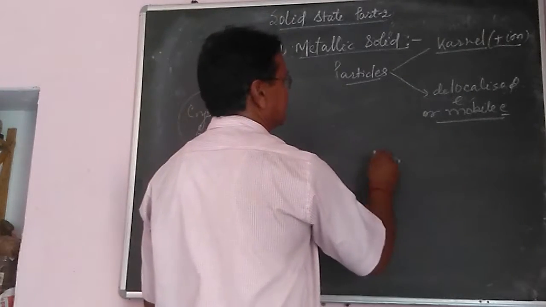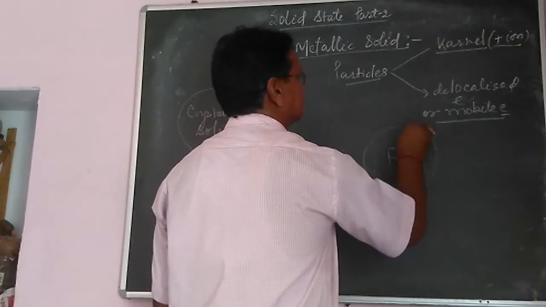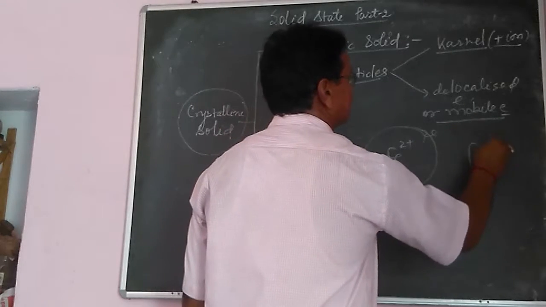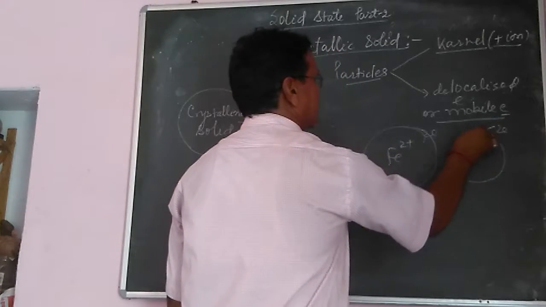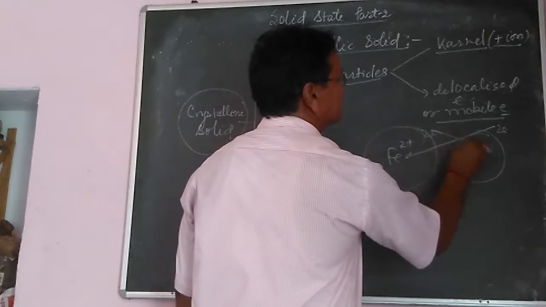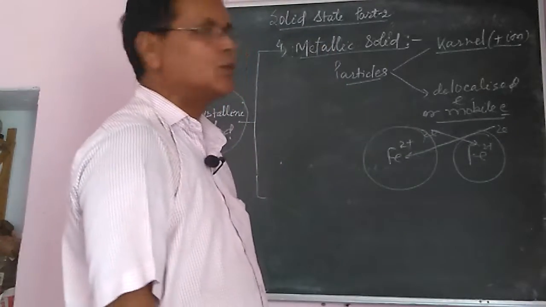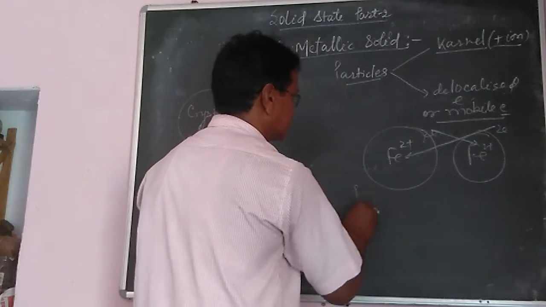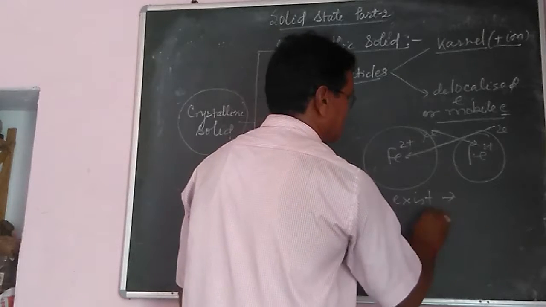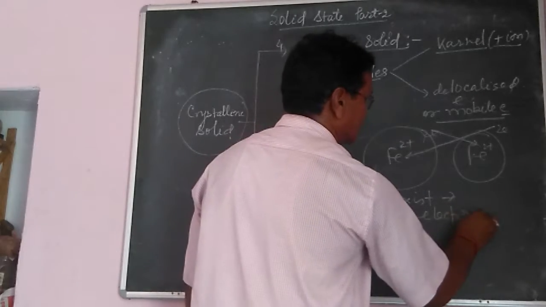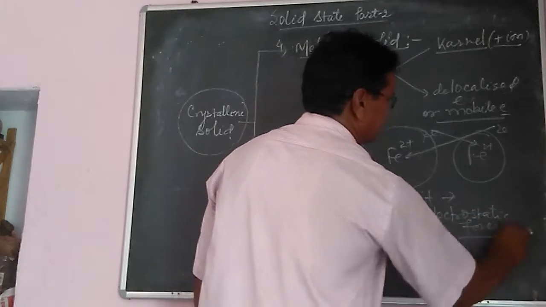Suppose, see here, Fe2+, and here are 2 electrons. This electron attracts Fe2+. So these are bonded by the electrostatic force. The force that exists in it is the electrostatic force.